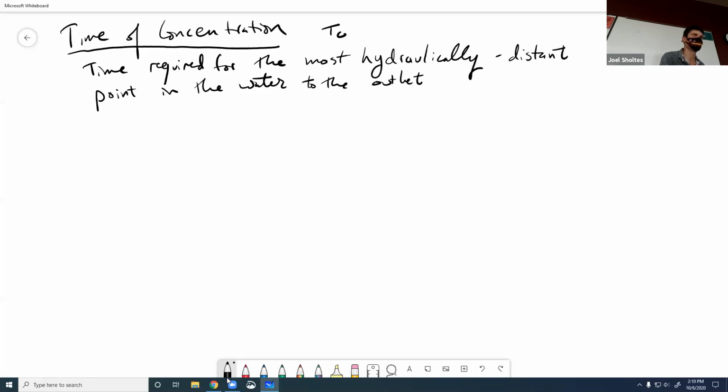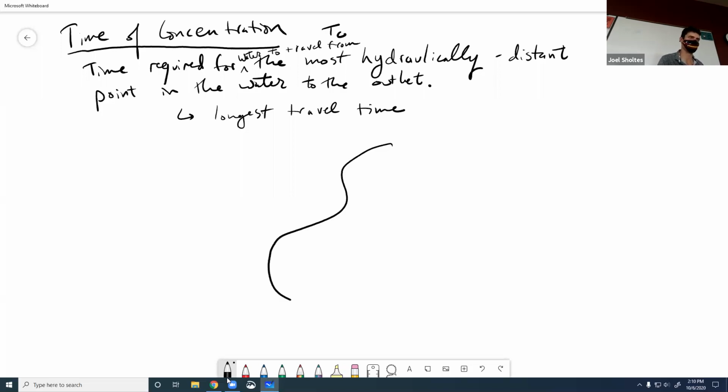And I should say the time required for water to travel from a runoff, also known as the longest travel time. Not necessarily the longest distance, but the longest distance is going to get us close enough. So we'll just take a look at that.